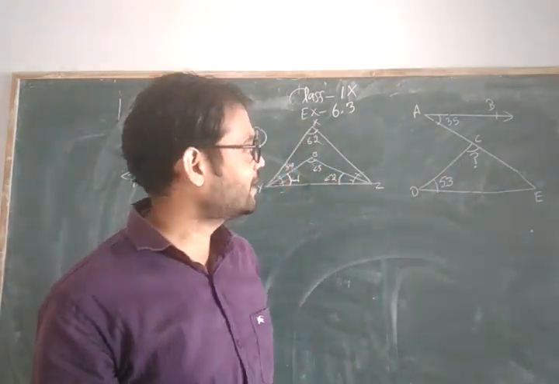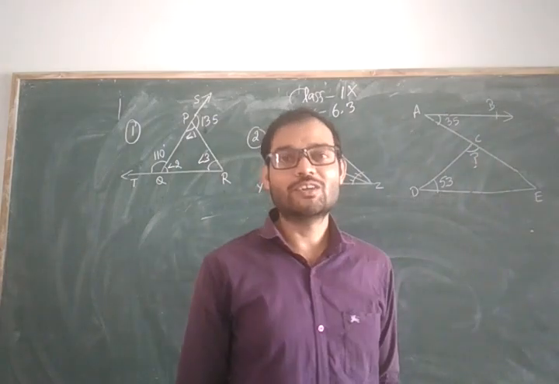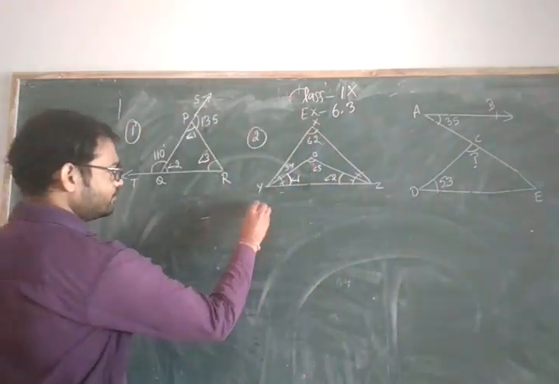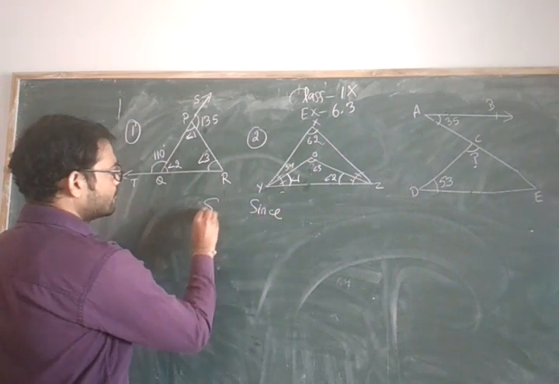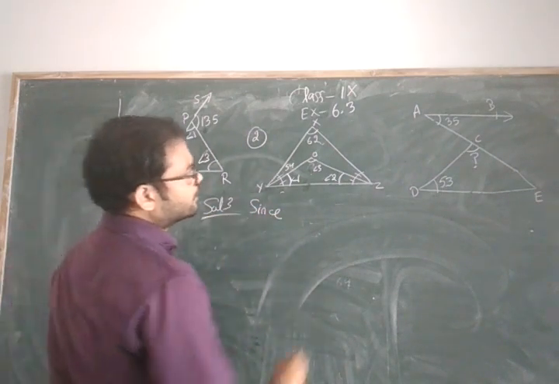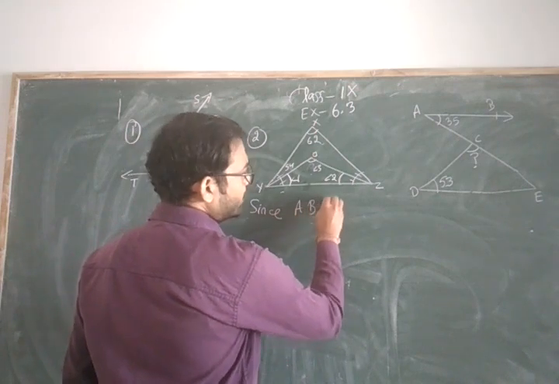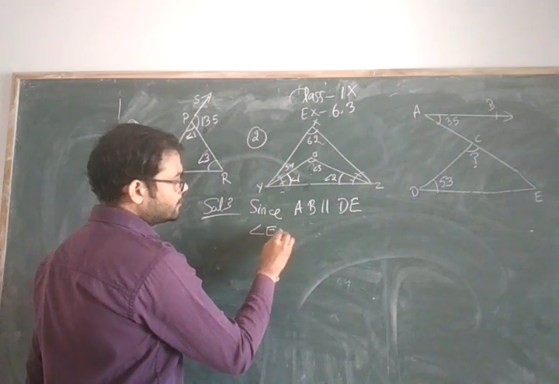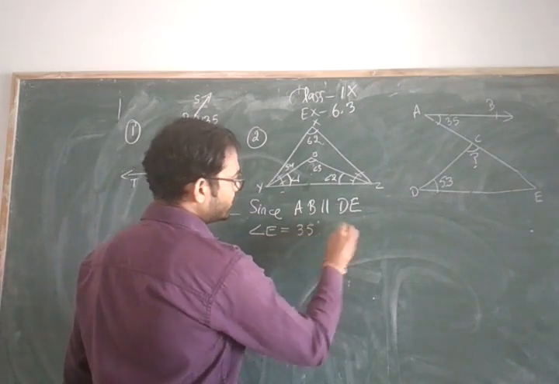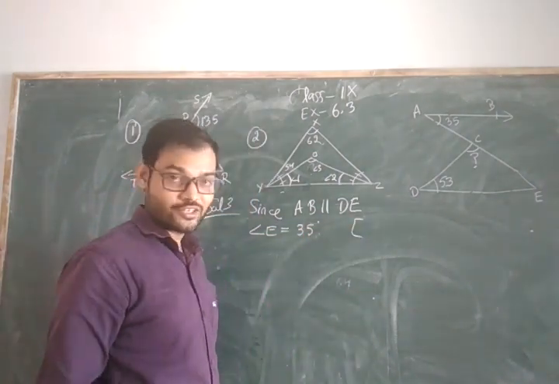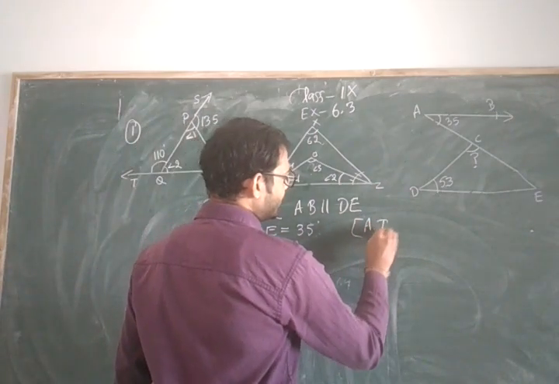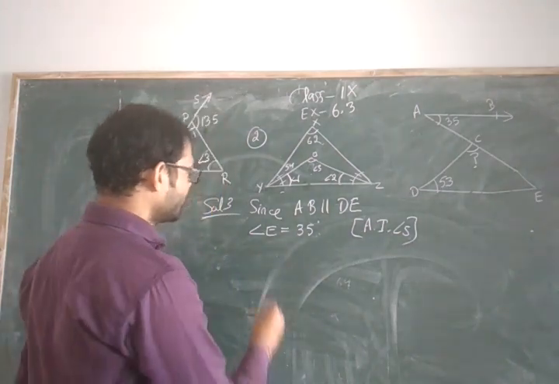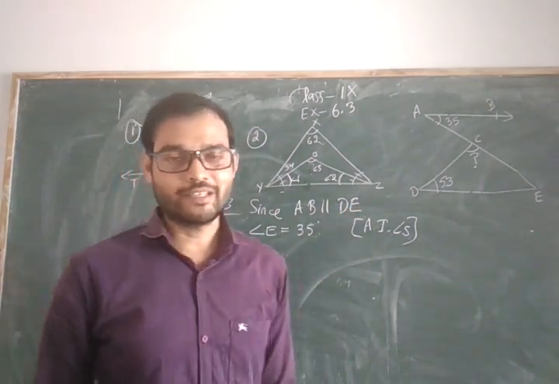So we can say that angle E is 35 degree. So since AB is parallel to DE, angle E is equal to 35 degree. The reason is alternate interior angles. ठीक है, ये आपका alternate angles हैं. So angle E की वैल्यू आपको पता लग गई.